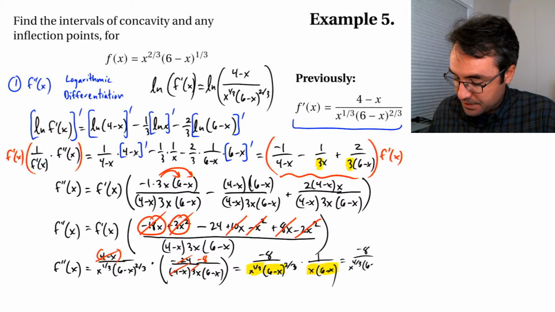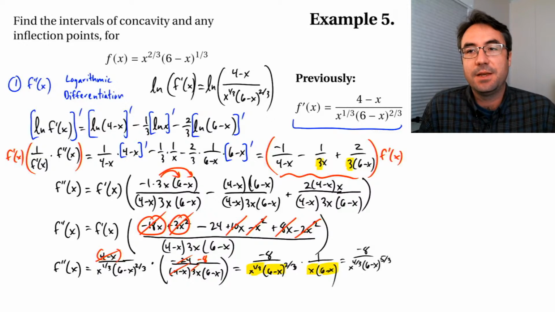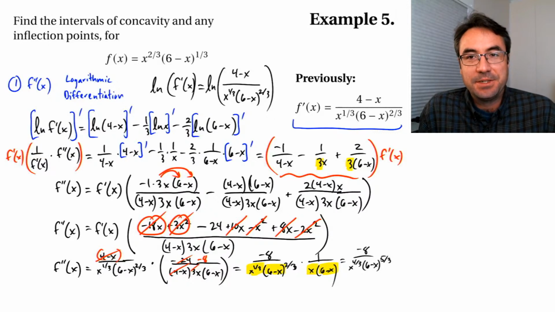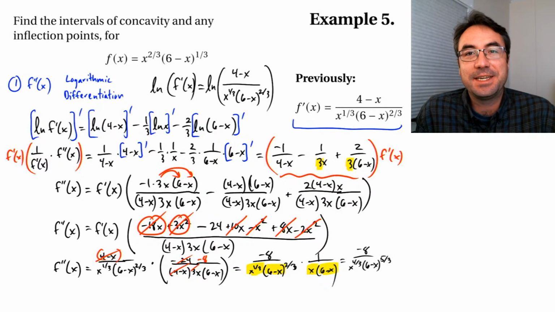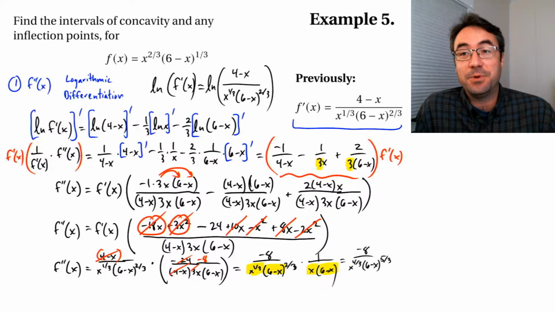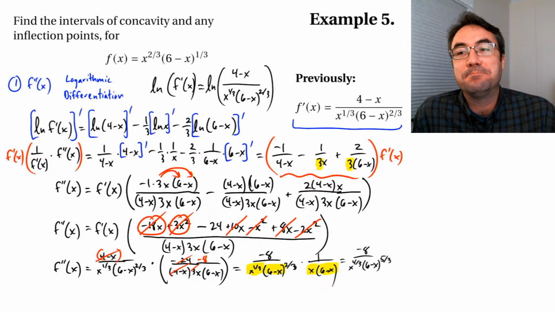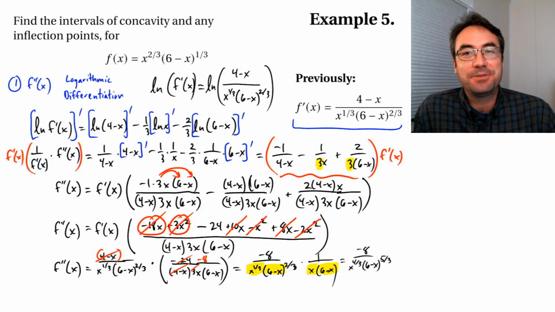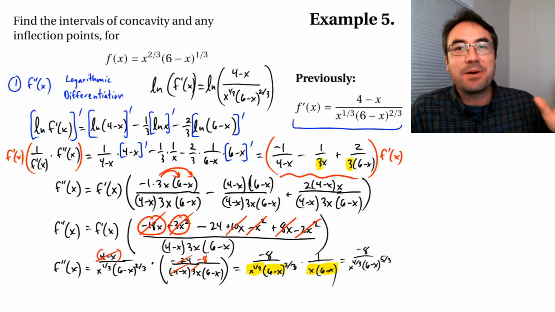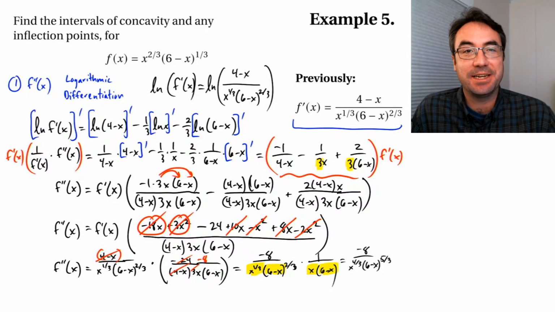So we end up with 6 minus x to the 5/3 power. So quite a bit of work there to get our second derivative. But we got it, and that's about as simple as we're going to get it. It's a good review of some of our more advanced differentiation techniques, particularly log differentiation.